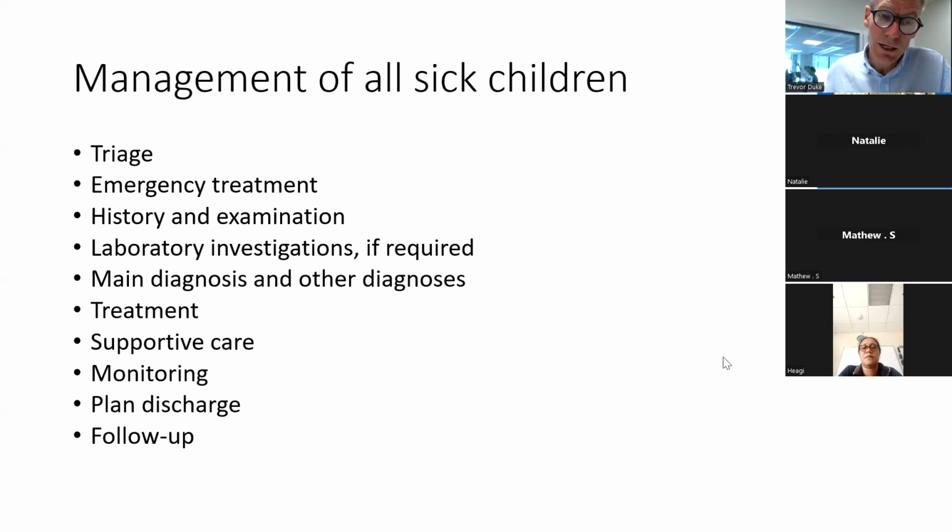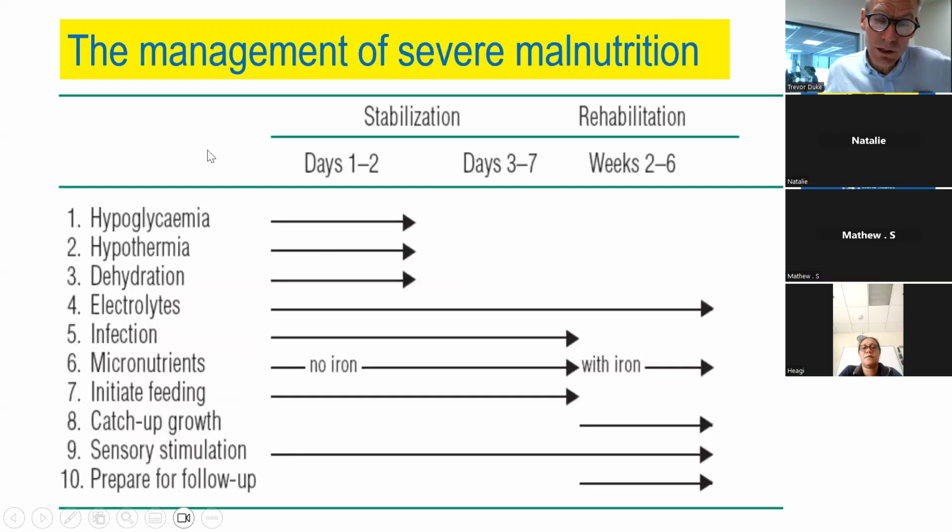And those stages of management can be applied to the child who's got failure to thrive or severe acute malnutrition as well. WHO talks about the management of severe malnutrition in SAM management, about these things. So about the prevention and identification and treatment of hypoglycemia, about the prevention of hypothermia, and the correction of dehydration, the correction of electrolyte abnormalities, the treatment of infection if it's present, the addition of micronutrients to a child's feeding, initiation of feeding, which should happen straight away, really.